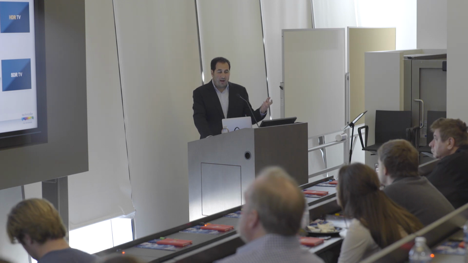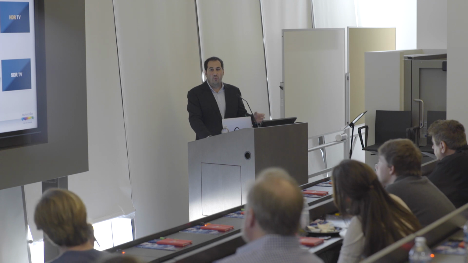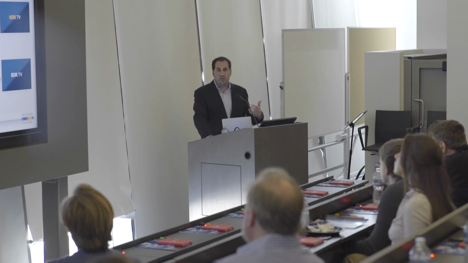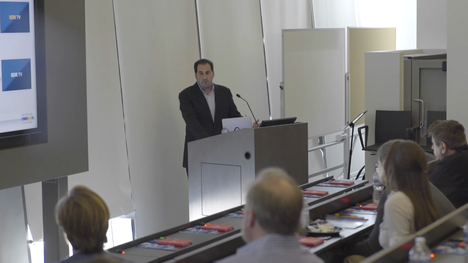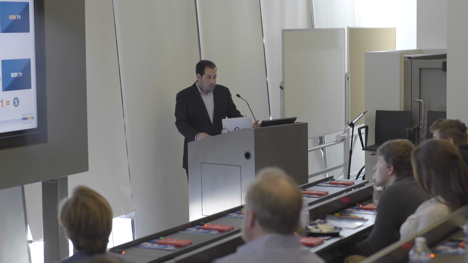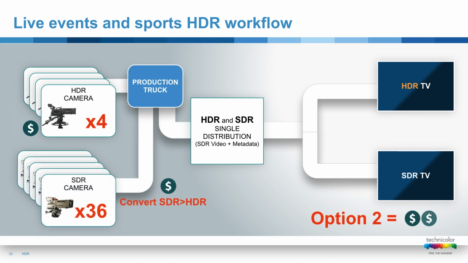So much so that people are asking, well, I have this whole SDR infrastructure. Do I have to replace all of my cameras, or can I get away with only replacing a few key cameras in this workflow? So I've got to put the dollar signs up to represent how much money option 1 takes. But of course you can. If you take your 40 cameras, and let's say I want to have 4 HDR cameras, I can't afford 40 replacements.